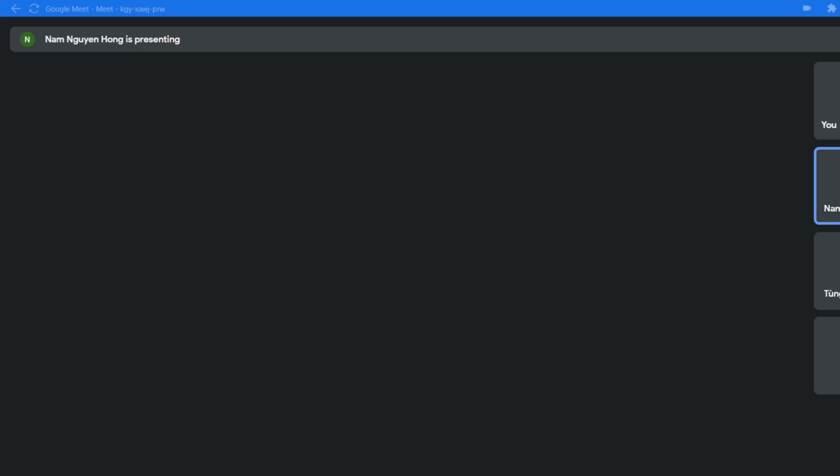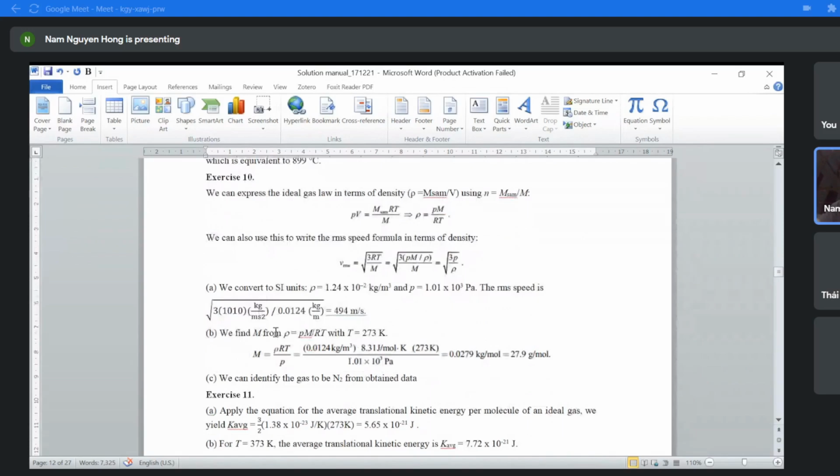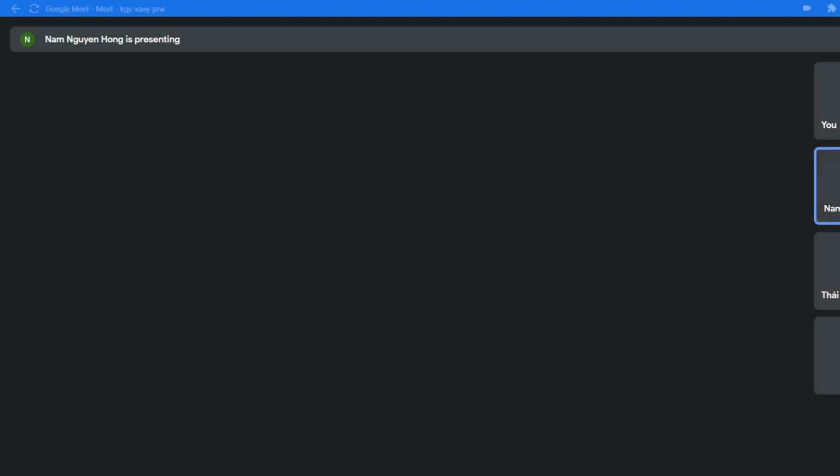When you find it here, you can find the root mean square speed. If you do not remember what the root mean square speed is, I invite you to reread my slides.